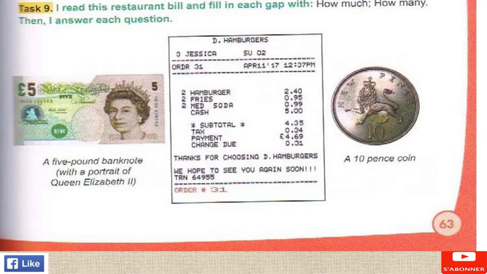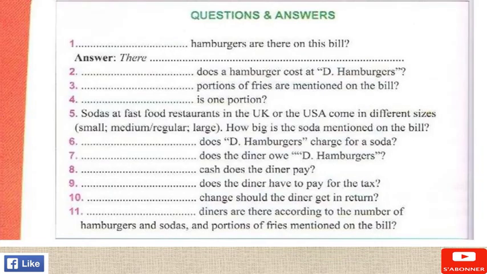So we have 2 hamburgers, 2 fries, 2 medium soda, cash. We have the tax, the payment, the change due. So this is a bill. Questions? How many hamburgers are there on this bill? So we're asking about the number of hamburgers.